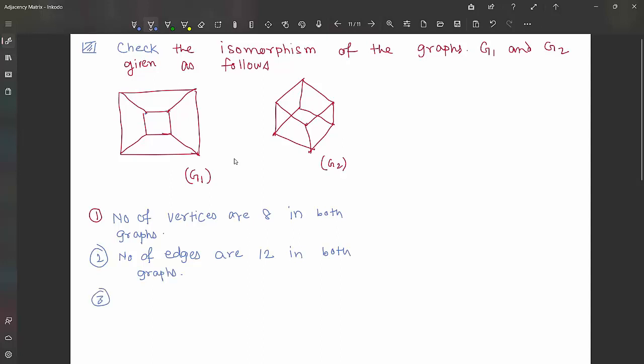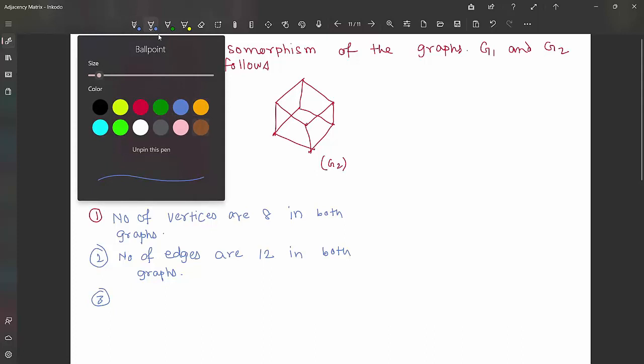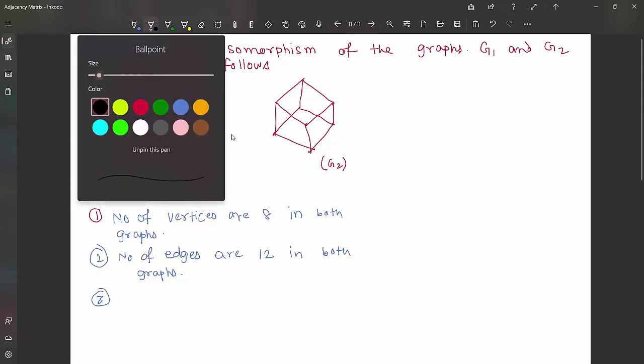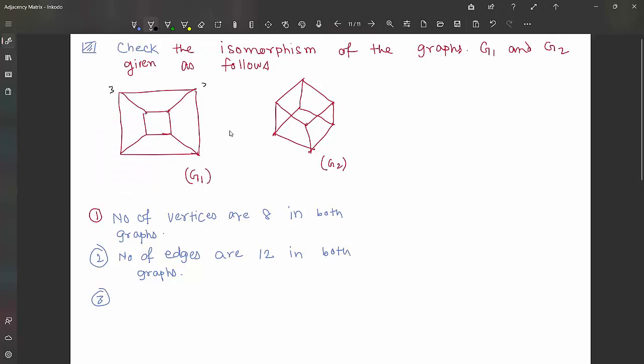Number 3, if you see the degree structure of these two graphs, you can see that this graph has degree 3 here, here also 3, here also 3, and all of these are 3. So you can see that all the vertices are of degree 3. Here also these are 3, 3, this is also 3, and this is also 3.